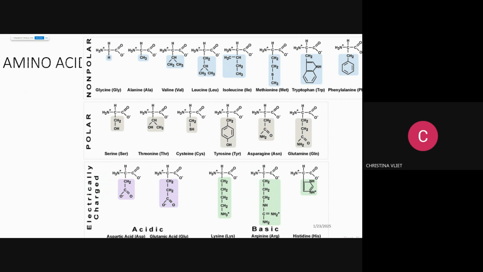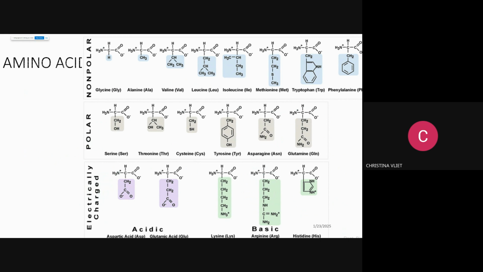If they're polar, which means they have an electronegative group on them. If they're acidic, meaning they have a carboxylic group on them. Or if they're basic, meaning they have amines on them. And so you should be able to recognize based on your R group if it's nonpolar, polar, acidic, or basic.